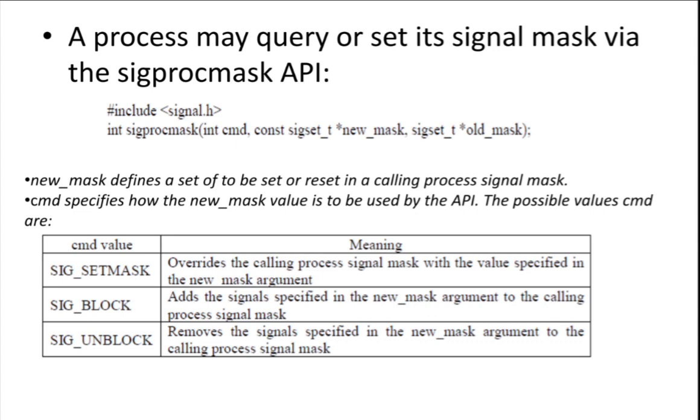You can replace the old mask, or you can add the new signal to the mask, or you can unblock, or you can remove all the signals, based on the CMD values. Getting, guys? Hope you are understanding. New mask is the signals that have to be added to your signal mask. New signals, right? So hope you are understanding, guys.